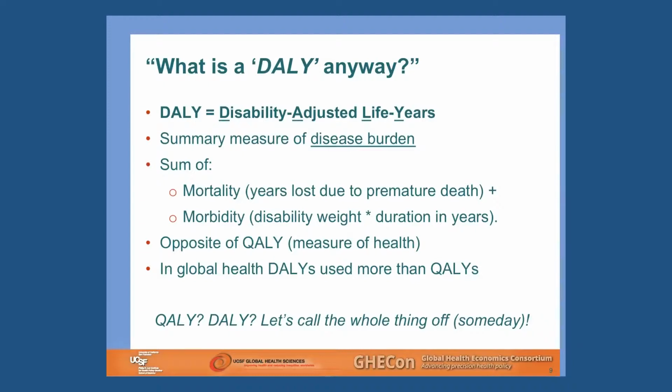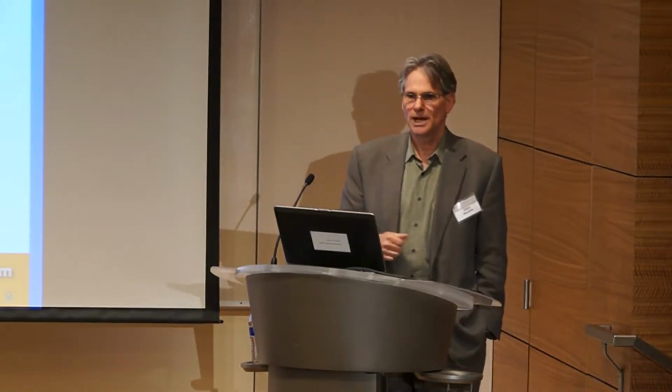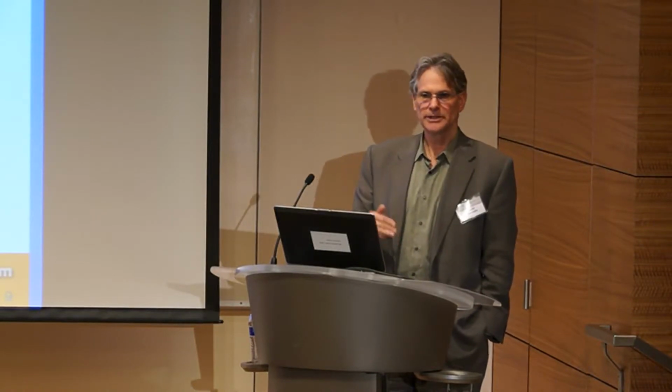As I mentioned earlier, it's a summary of disease burden, and burden in turn can be thought of as consisting of two parts. Mortality, that is the years lost to death that occurred earlier than it otherwise would have, and the morbidity side, or the illness side, multiplied by the duration of that illness and weighted by the severity of that disability on a scale that goes from 0 to 1.